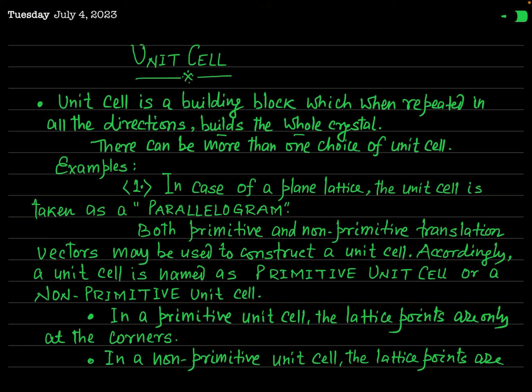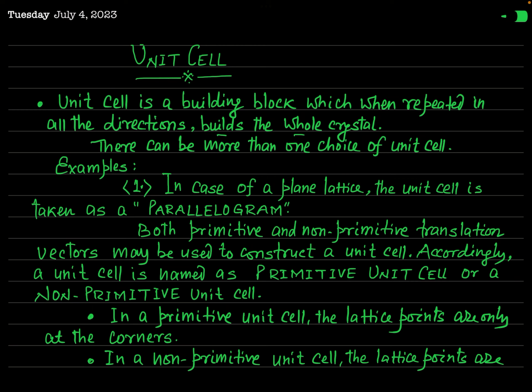As you know, whenever you construct, let us say, a building, the bricks act just like a unit cell, because when you use the bricks in all directions, in accordance with the structure, the building is constructed.